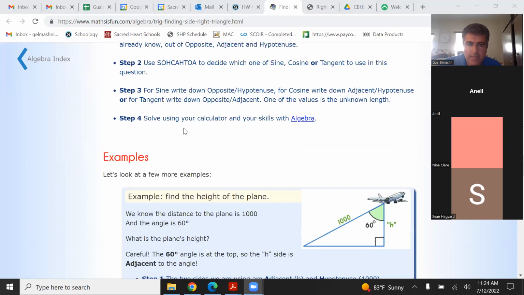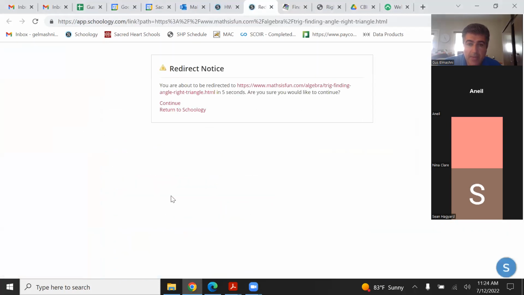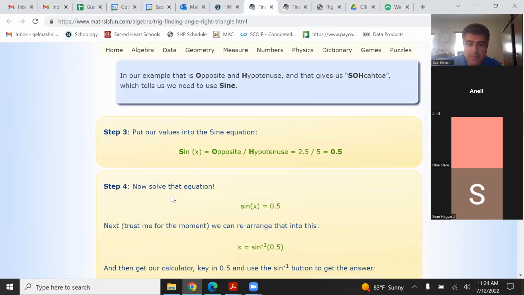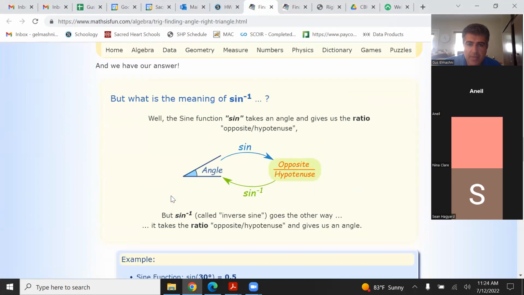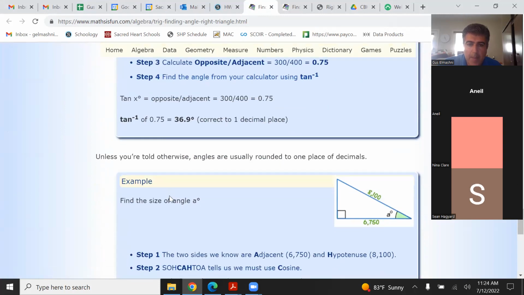So you have that resource there to help you, and also finding a missing angle. You have that as well. It tells you, you've got to use an inverse trig to figure it out. So hopefully you're okay with that.